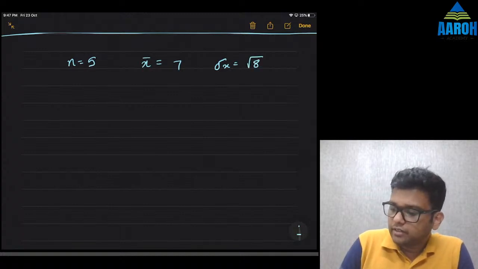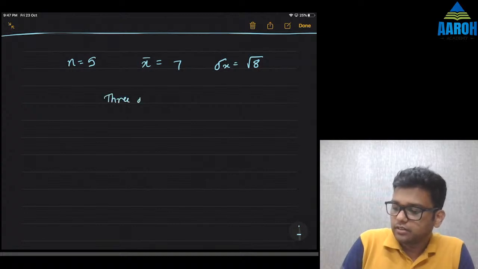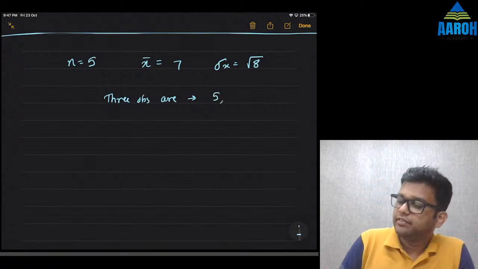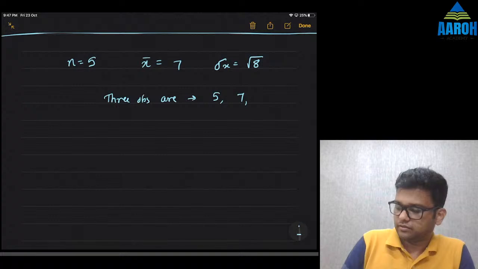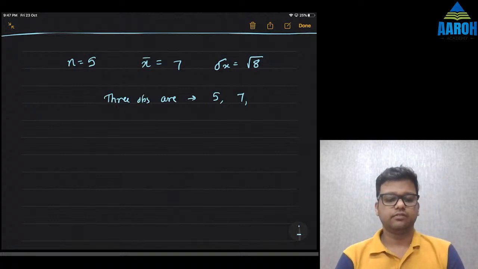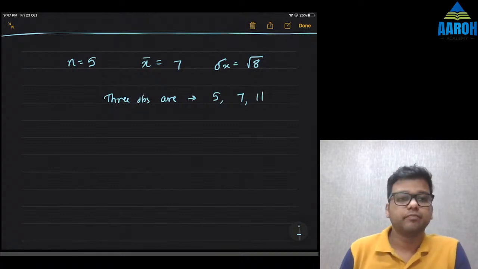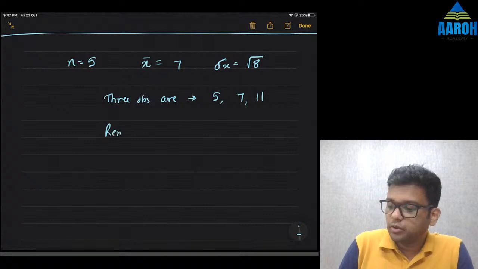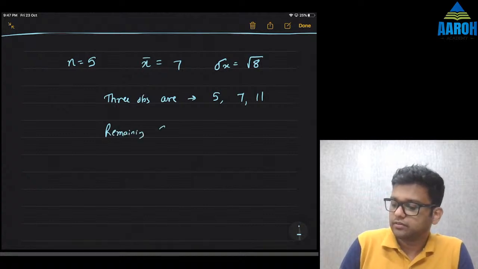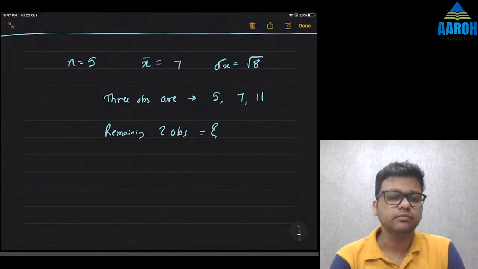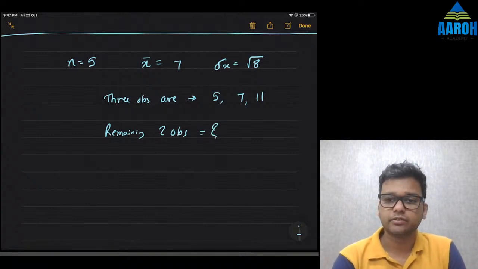And you are given that 3 observations are, let's say, 5, 7 and 11. You have to find the remaining 2 observations.